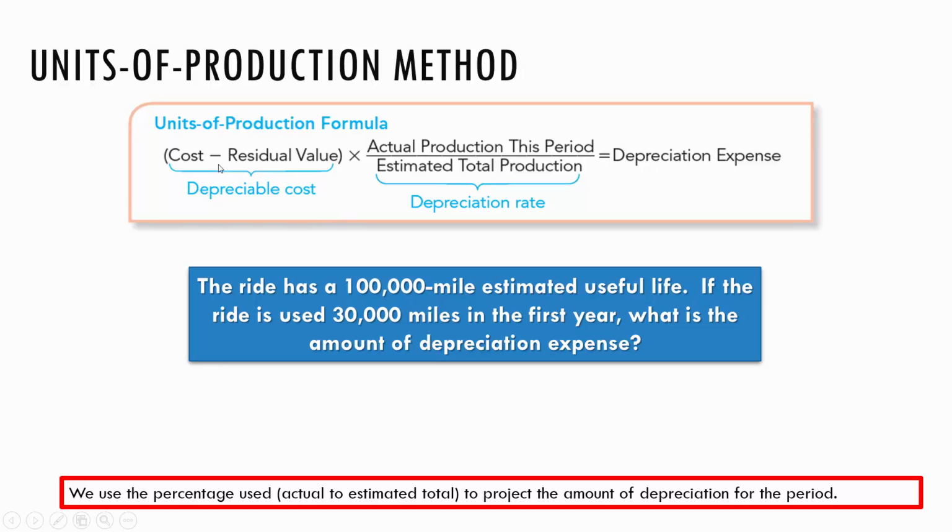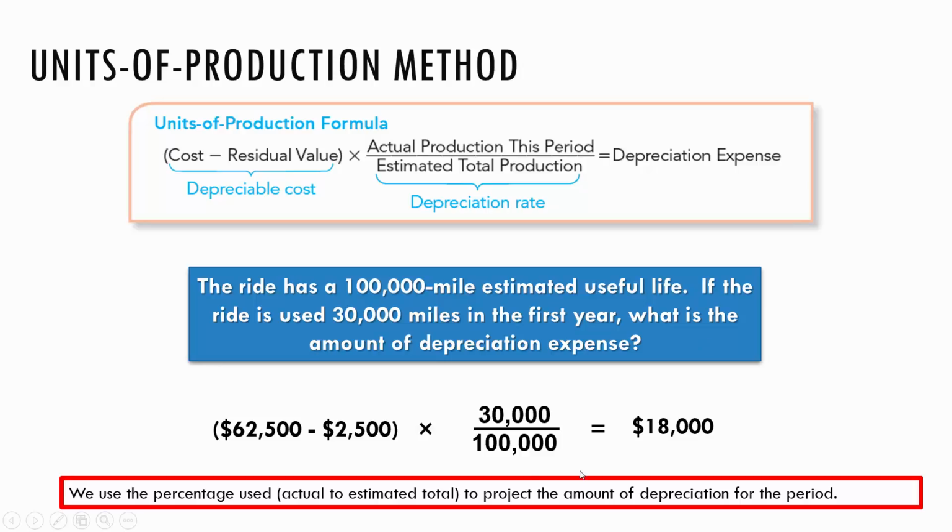So we want to spread 60,000 over 100,000 mile usage. So an alternative way to make this calculation would be to say, okay, what is the amount of depreciation expense per mile? And then multiply by the 30,000. Either way you do it, you're going to come up with $18,000 for your depreciation expense for this time period.